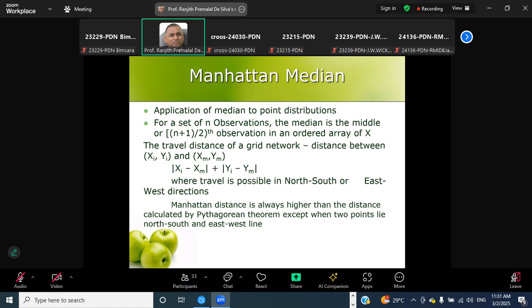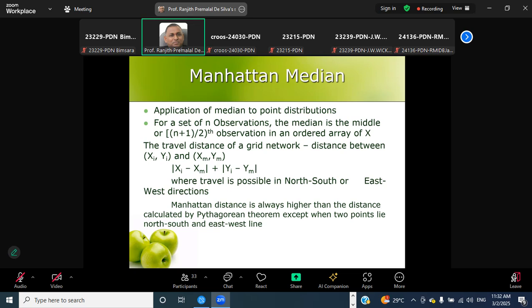But now, with this Manhattan median, your travel is restricted only to north-south and east-west directions. You can only move either east to west, west to east, north to south, or south to north.